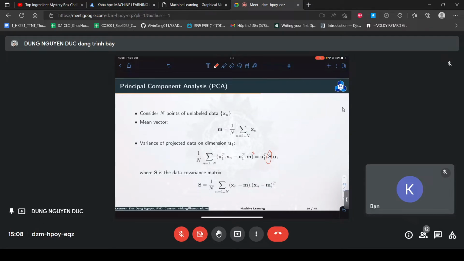And don't forget that this is a column vector, and this transpose turns out to be a row vector. So this one gives you a matrix, n by n matrix. Okay, don't forget it. So this is called the covariance matrix. It measures the covariance between two dimensions.